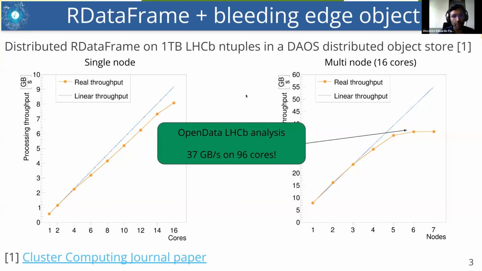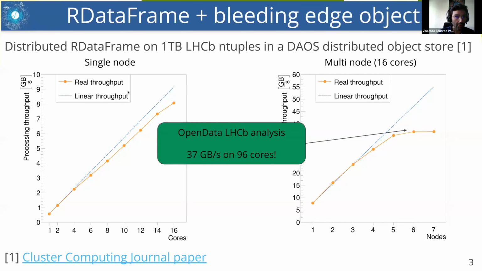And in this case, we took this open data LHCb analysis, replicated the dataset to make it large enough, so roughly more than 1 terabyte of LHCb ntuples were used in this case. And then we tested out the tool using distributed RDataFrame to see how it could scale.